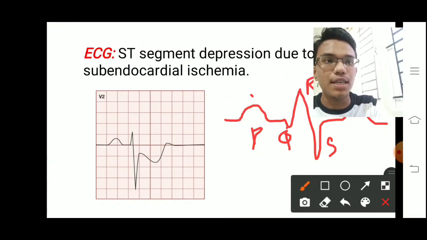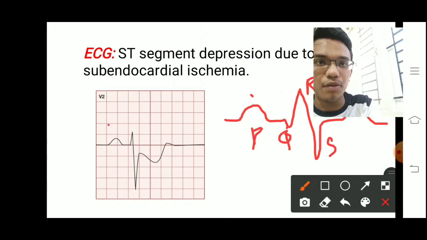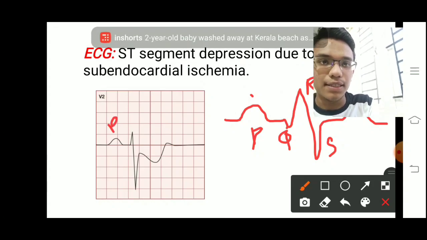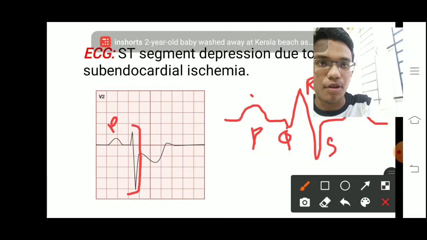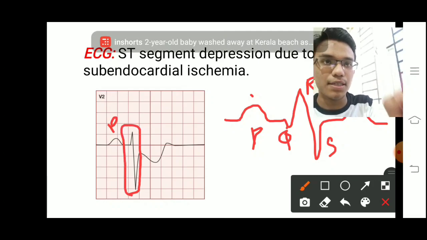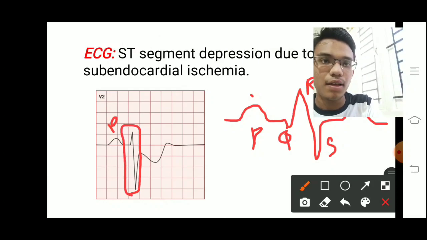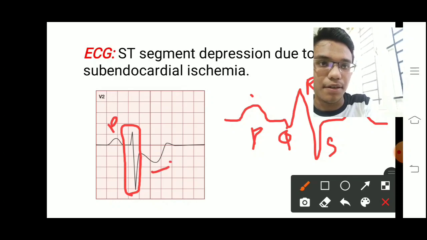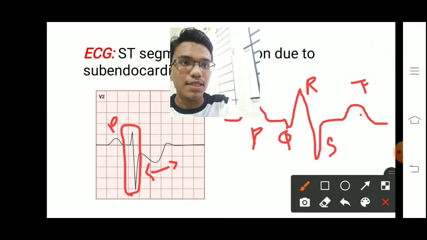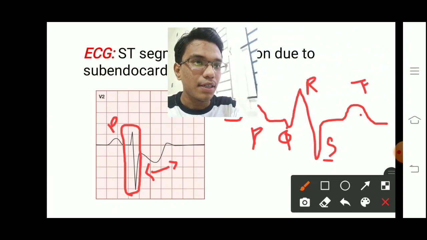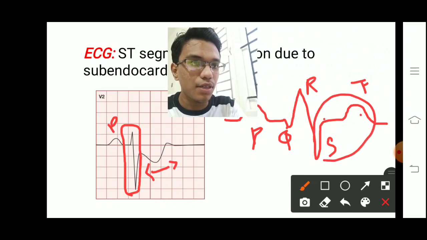As you can see here, this is the P wave and this is the QRS complex. This is the ST segment, which is actually depressed. You can see here the ST segment is actually straight.